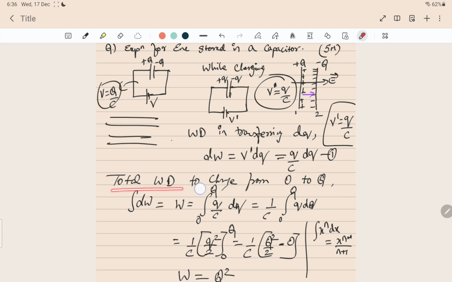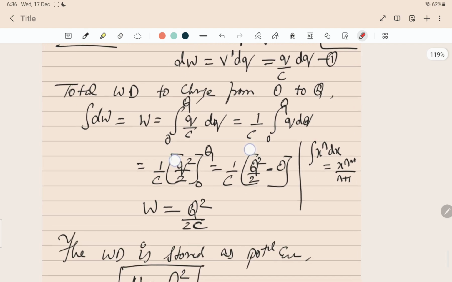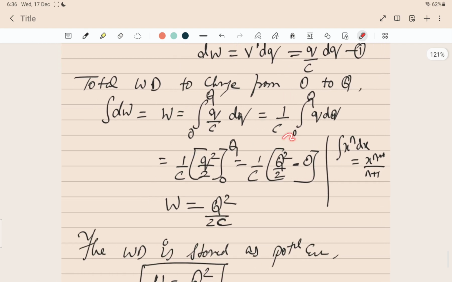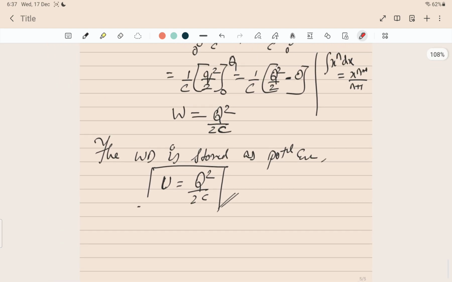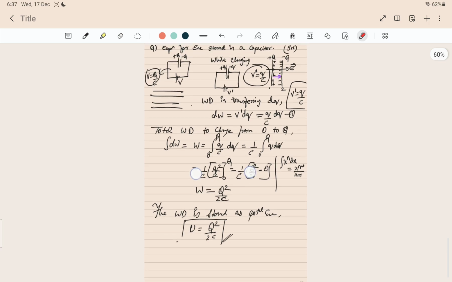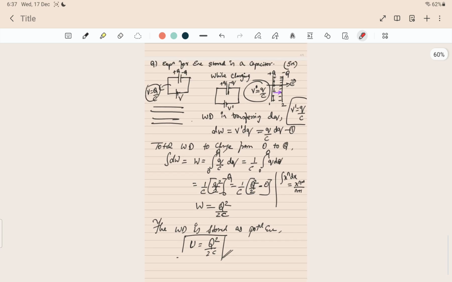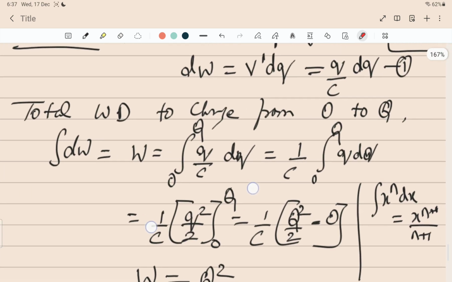After that, the total work done to charge from 0 to capital Q is integrated from 0 to capital Q. Once you integrate it, take out C common, then integral of q dq, you got q square by 2 from the integration formula, integral x power n is equal to x power n plus 1 by n plus 1. Once you get that, you just substitute, you get Q square by 2C. So this is the simple derivation which is asked many times, so you can easily understand this.